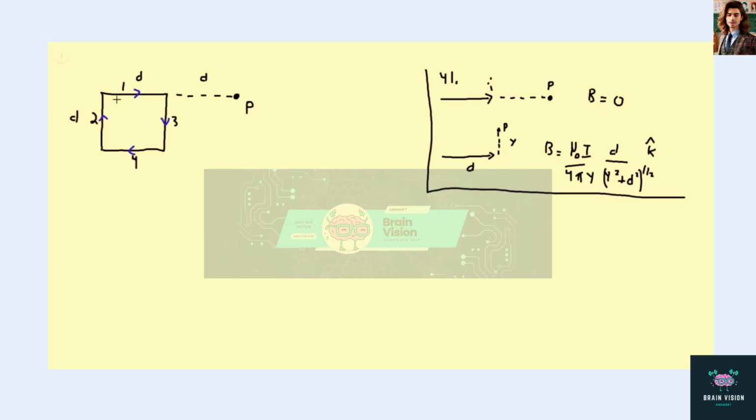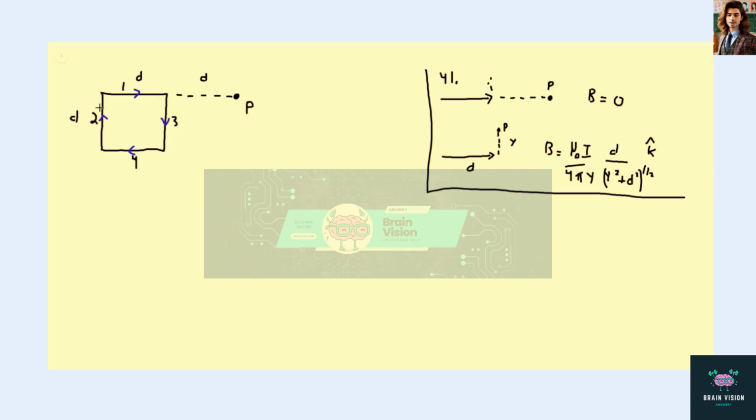If we look at our loop, I've labeled the wires 1, 2, 3, and 4, and this result applies to all of these sides except the last one. Wire 1 is exactly the first case described here, so the magnetic field from it would be 0.